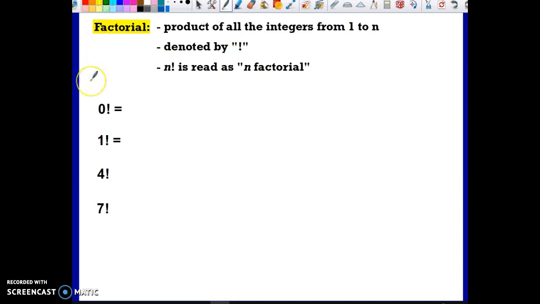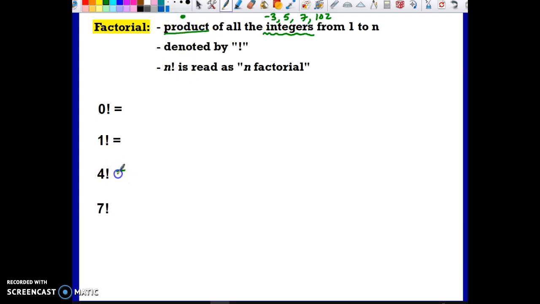The next part of today's lesson is talking about the word factorial, which is the product of all the integers from 1 to n. Now, integers are just whole numbers. So, for example, -3, 5, 7, 102, those are all whole numbers. Now, again, product means you're multiplying. You're multiplying all the numbers from 1 to that number.